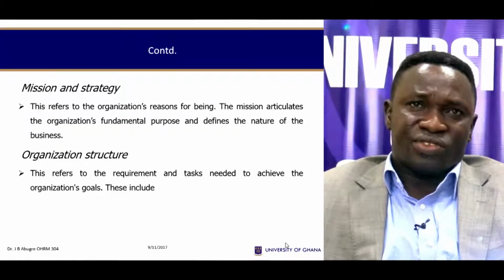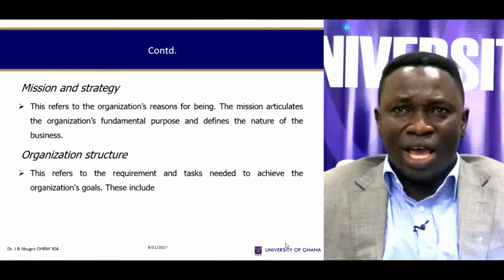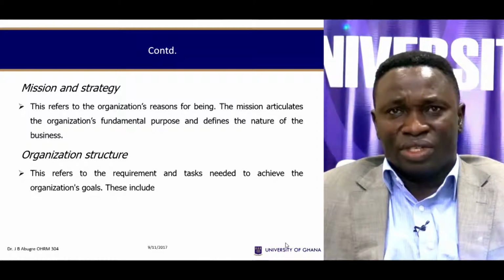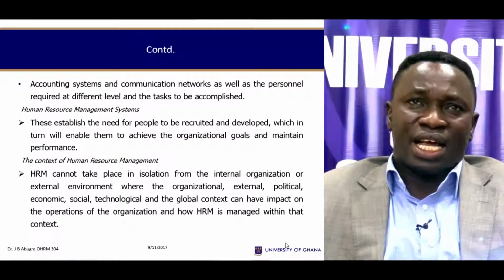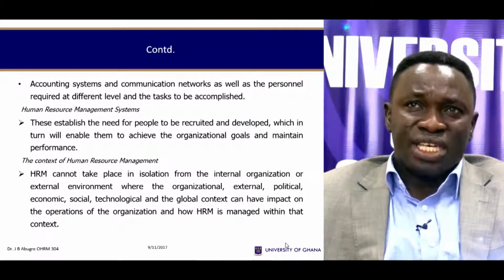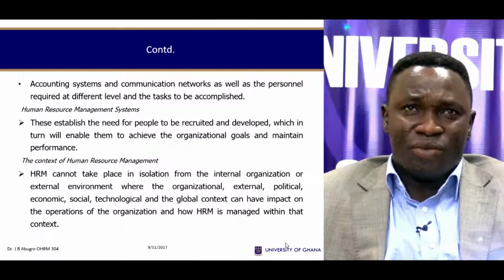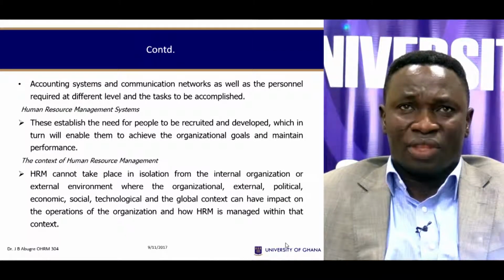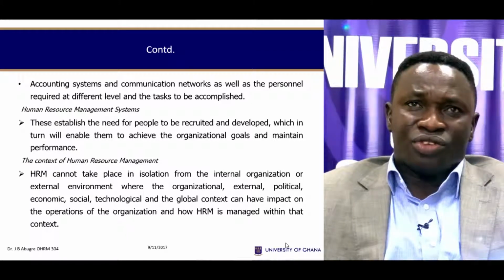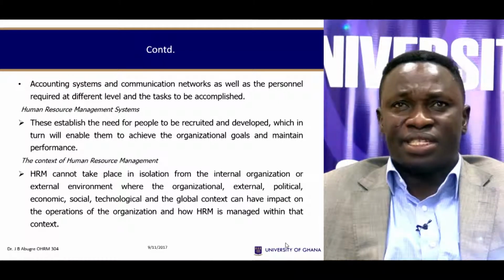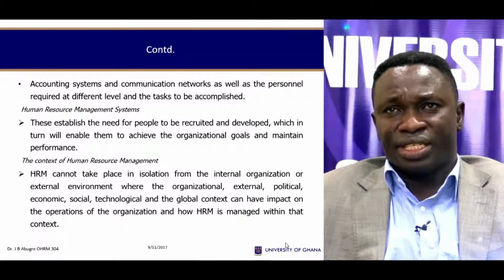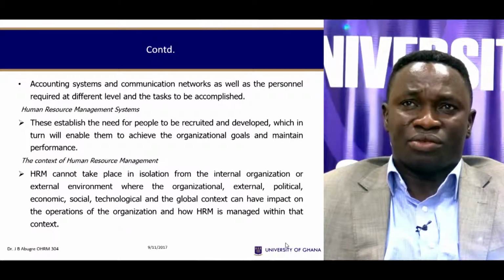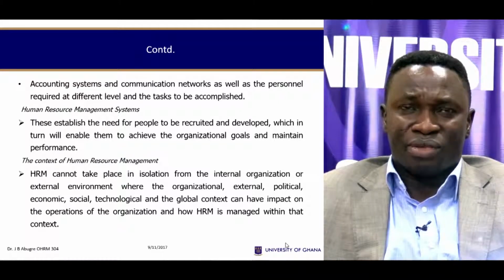Second, the organizational structure. This refers to the requirements and tasks needed to achieve the organization's goal. That includes the accounting systems and communication networks, as well as the personnel required at different levels and the tasks to be accomplished. So, human resource management systems establish the need for people to be recruited and developed, which in turn will enable them to achieve the organizational goals and maintain performance.